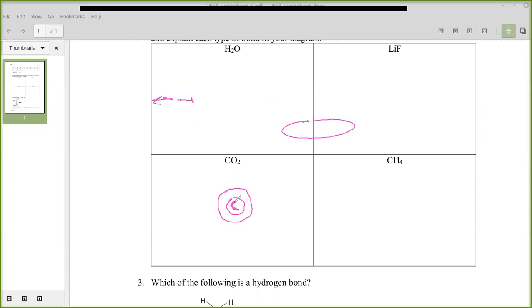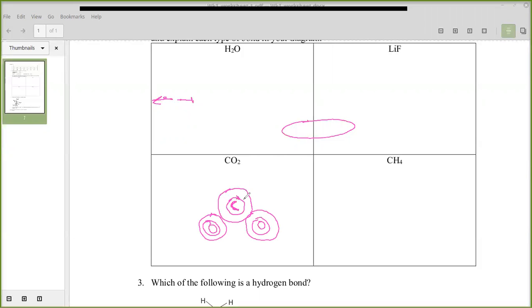And then we know oxygen is going to be floating around here somewhere. How many shells should I draw for the oxygen? 2. Okay, so you have 2 shells for the oxygen, 2 shells for the carbon.